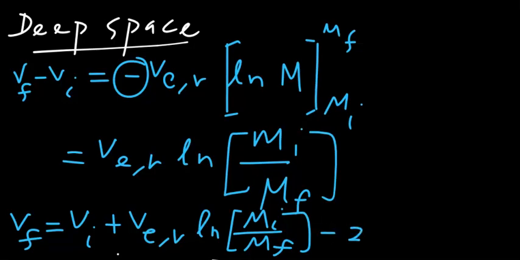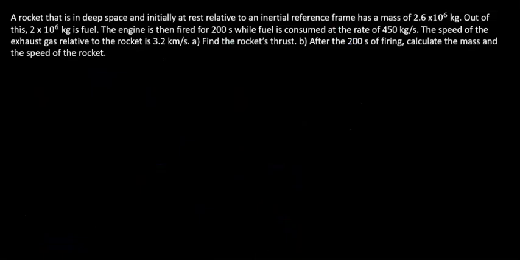So this is the second rocket equation. Now let's see how to use those two equations in problems. Let's look at the following problem. A rocket that is in deep space, so we don't have to worry about the effect of gravity, and initially at rest with respect to an initial frame, has a mass of 2.6 times 10 to the power 6 kg.